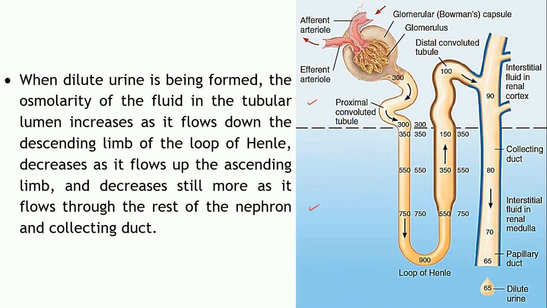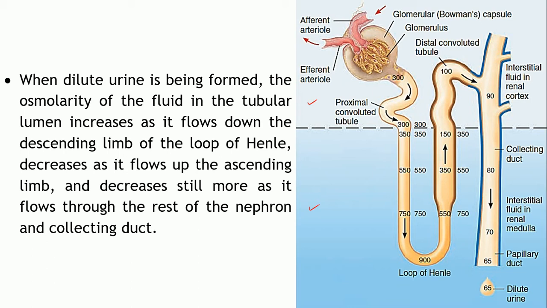Here, as the fluid is descending downwards, as you can see, it is moving into the deeper layers of the medulla. As it travels along this descending limb of the loop of Henle, what is happening to the osmolarity of the tubular fluid?